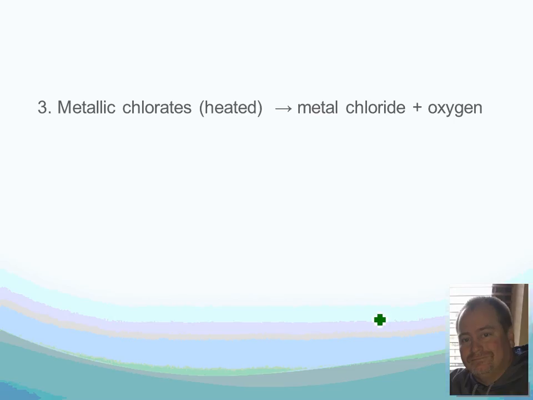Our third type is a metal chlorate heated will give me a metal chloride. Here is a metal chlorate, potassium chlorate.